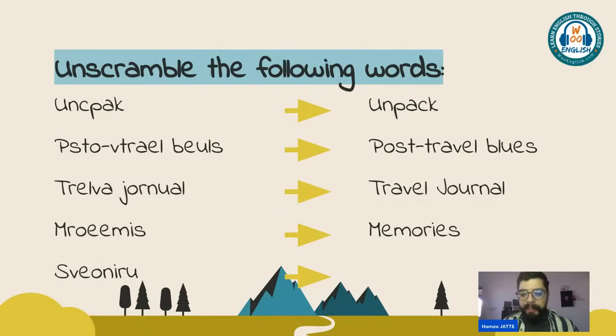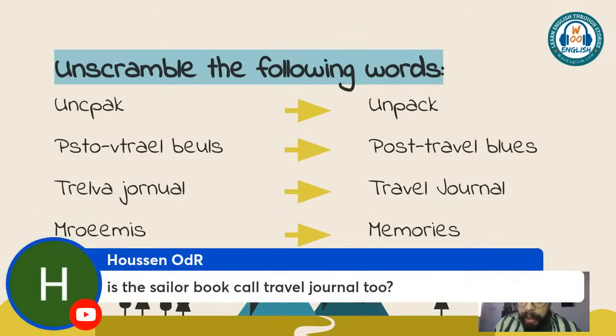Last one is the sailor book. I'm not sure what is a sailor book. Can you give me a little sailor book? I'm not sure what is that, to be honest with you.